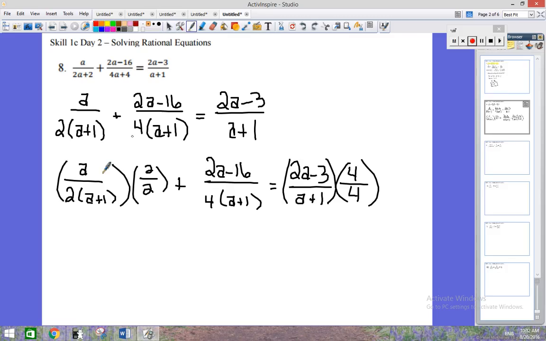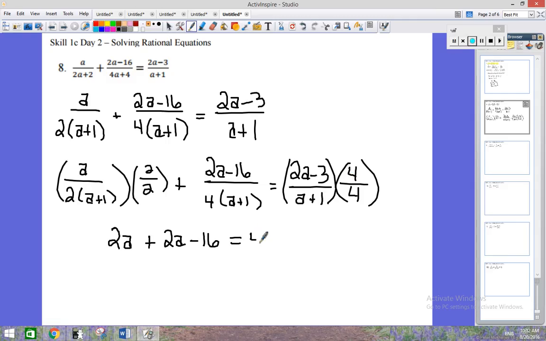Like I say, the 2 times 2 gave me 4 times quantity a plus 1. So I have a times 2. Then we typically write it as 2 times a. I have my 2a minus 16. That was the numerator. I didn't do anything to that term because it had the denominator we wanted.